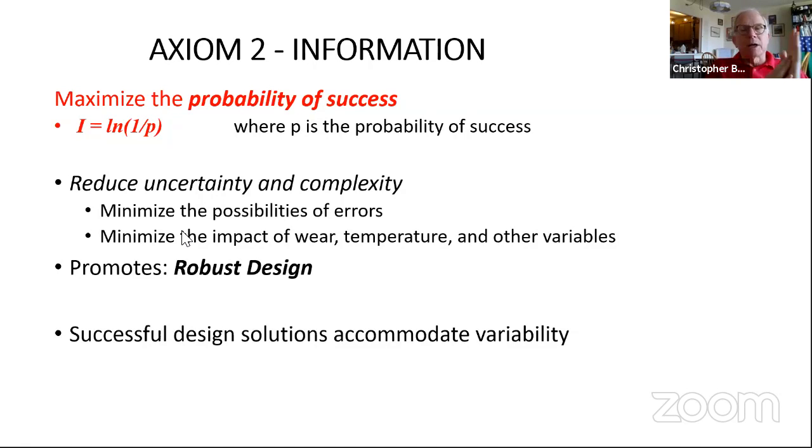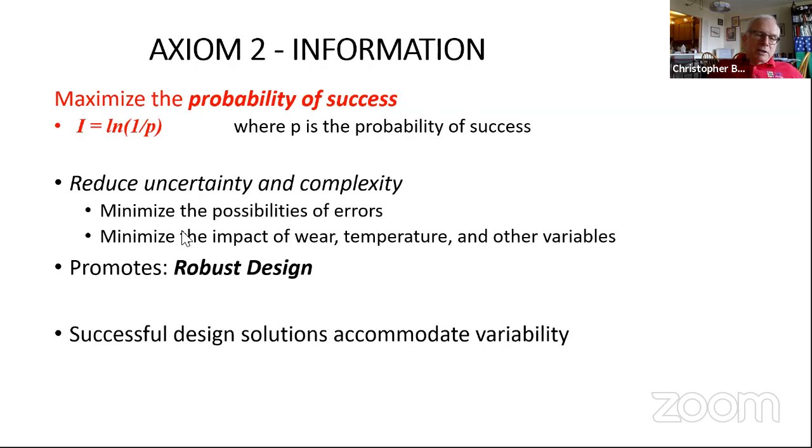All right, let's take a quick look at information. So information is about the probability of success, and it's actually quantifiable. So information is the log of 1 over the probability of success. This is related to Boltzmann's constant or Boltzmann's equation for entropy.